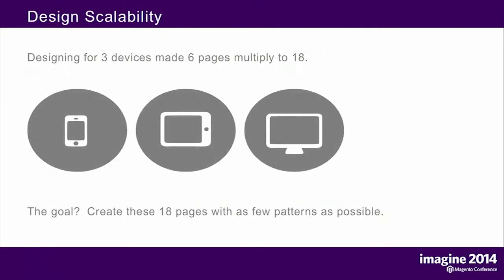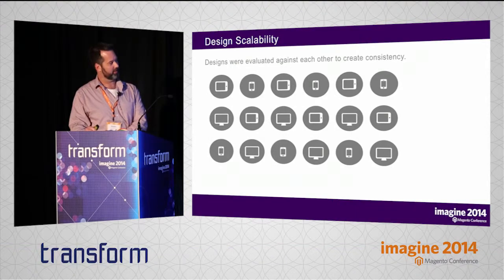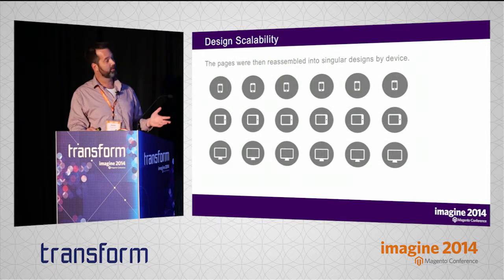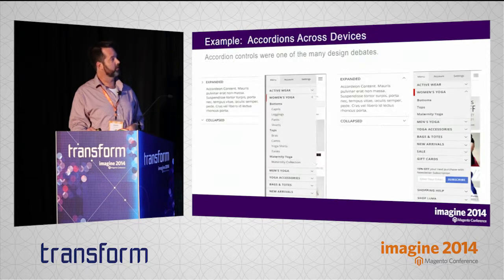I multiplied those by 3, 1 for each device, and ended up with 18 pages that we needed to design. We then took those pages, we designed them, and we brutally compared and contrasted those against each other, trying to align those to the highest degree possible. We then aligned these into use cases, into scenarios, and we tested those with users.